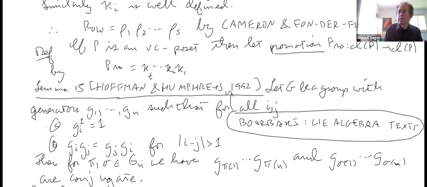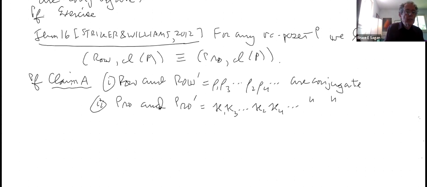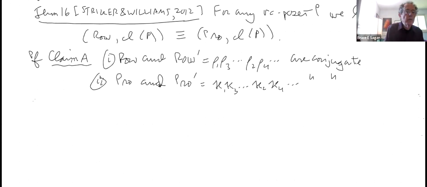Okay. Sorry, my machine is not letting me scroll as nicely as I would like. Now it's not letting me write. Okay. Oh, geez.